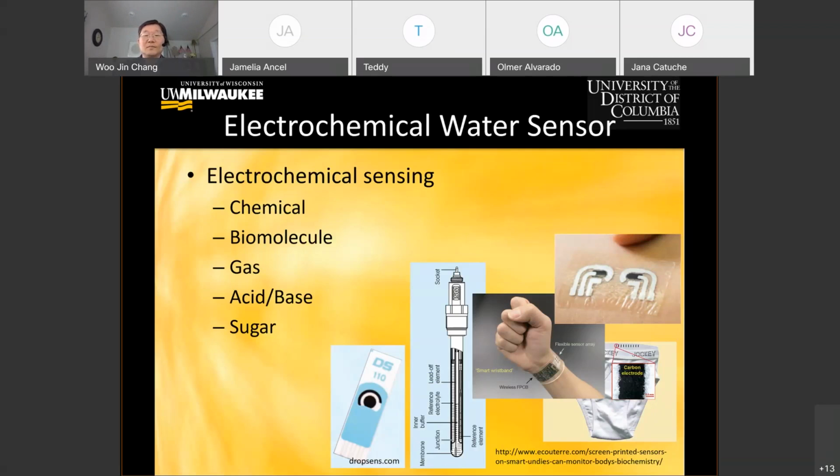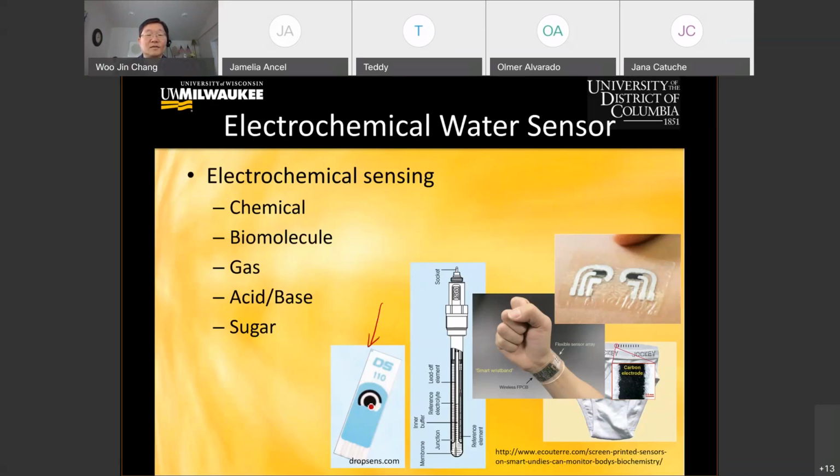And you can see that in this electrochemical system and sensors, the structure itself is quite simple. So here is the screen printed electrode typically used in many electrochemical sensors.